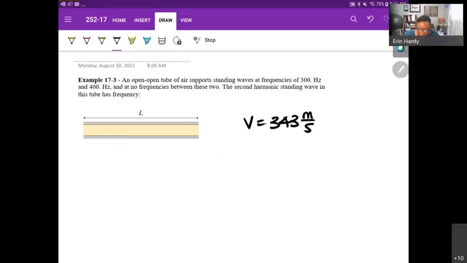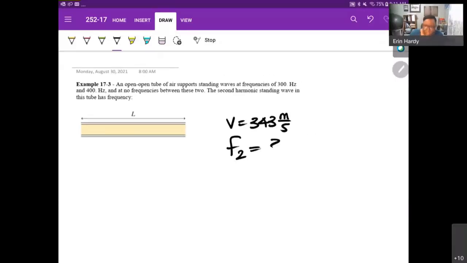We've got two possible standing wave frequencies, one at 300 hertz, another at 400 hertz, but no standing wave frequencies in between. And we want to figure out what f sub 2 is.